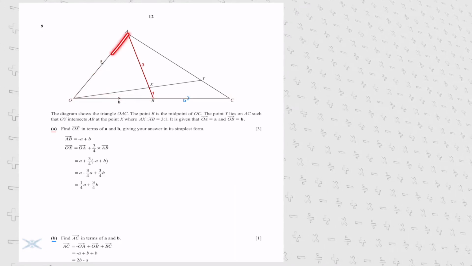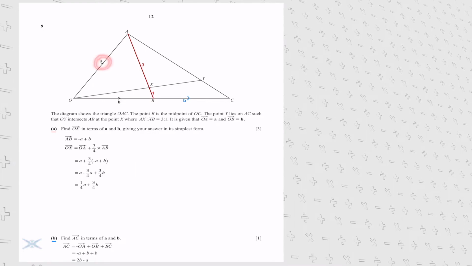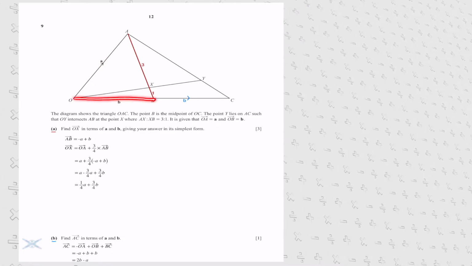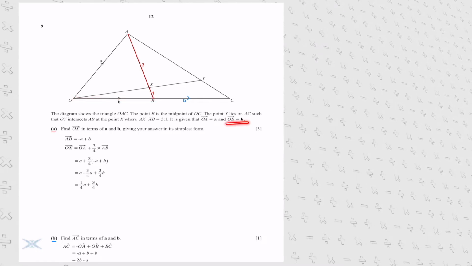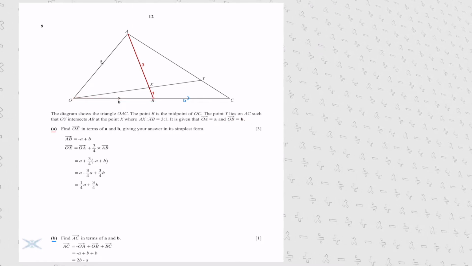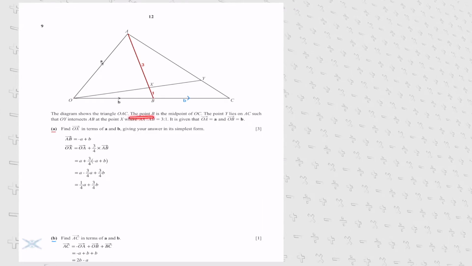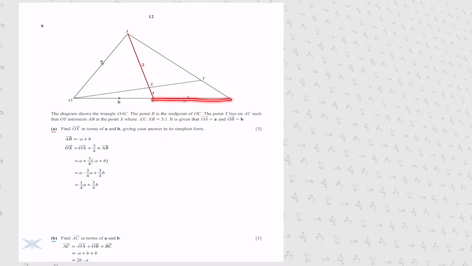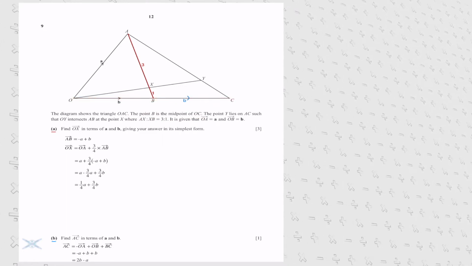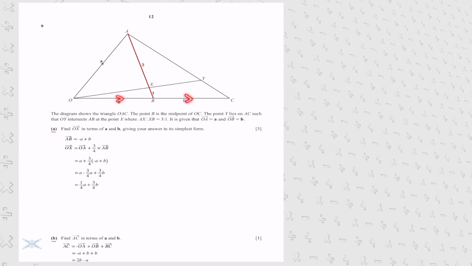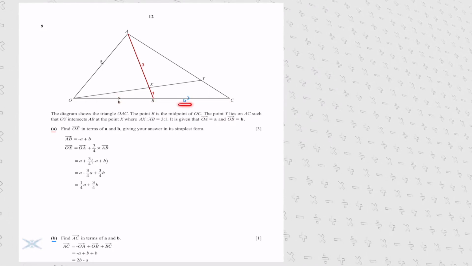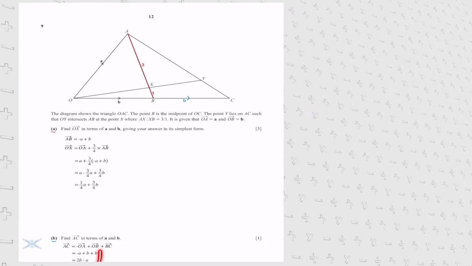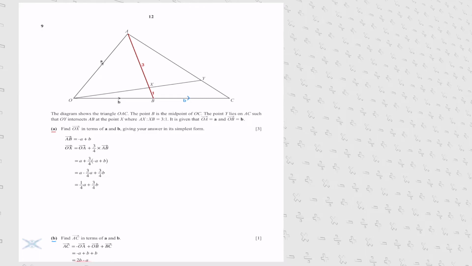To get from A to O, we need to travel negative A, since we are traveling in the opposite direction of A. To get from O to B is straightforward, since vector OB is already represented by B. We can also deduce from the statement that the point B is the midpoint of OC, that the distance from B to C is equal to the one from O to B, which is B, and since we are also traveling in the same direction, vector BC can be represented by B. Simplifying this expression presents us with the solution that vector AC can be represented by the expression 2B minus A.